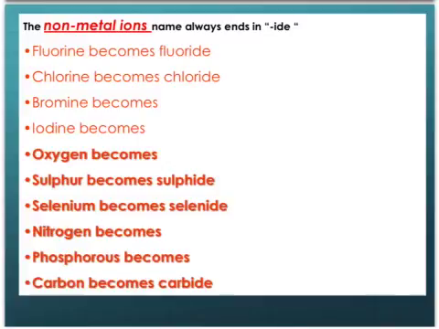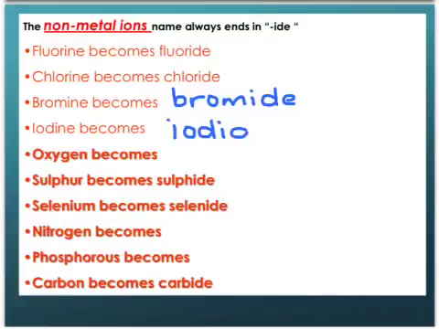For some of the nonmetal ions on the periodic table, it's quite obvious the part you drop before adding IDE. For example, fluorine becomes fluoride, chlorine becomes chloride, bromine becomes bromide, and iodine becomes iodide. Not all of them have that nice INE ending, so you have to become a little more comfortable with them to figure out what their ending is.